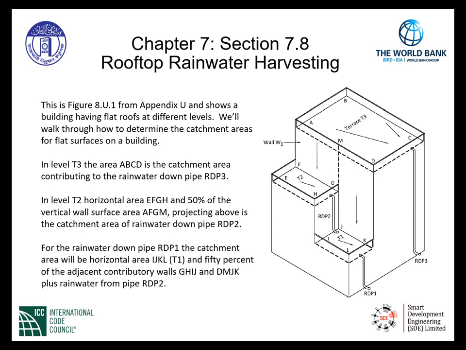In level T2, the horizontal area EFGH, and 50% of the vertical wall surface area, AFGM, is also indicated as the catchment area.